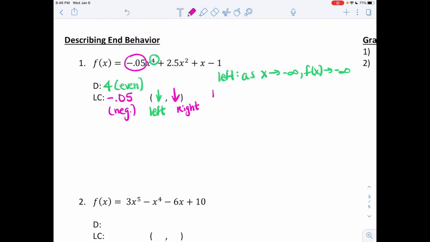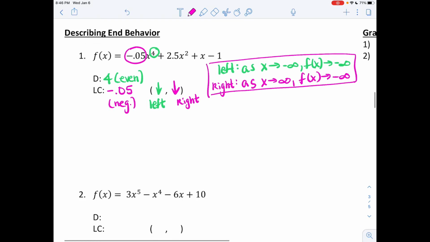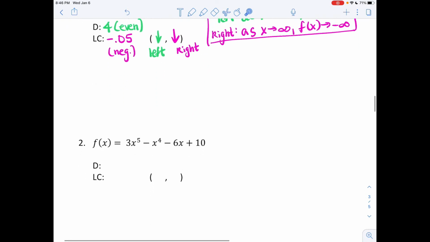On the right-hand side, we know that x is headed towards positive infinity. F of x is headed towards negative infinity. So this is our solution here of describing our end behavior in words, versus this describes our end behavior in symbols, just the down arrows.